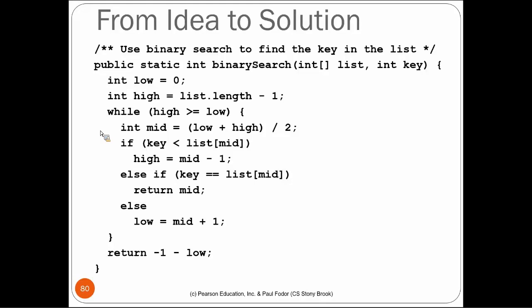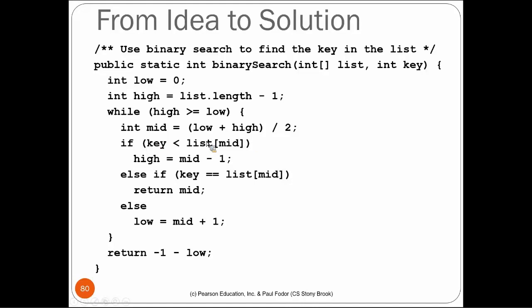So we start with the index of the last element, the length of the list minus 1. Looking in this window, we compute the middle index, which is low plus high divided by 2. That's the average of the two indices, the middle of the range that we are looking at.